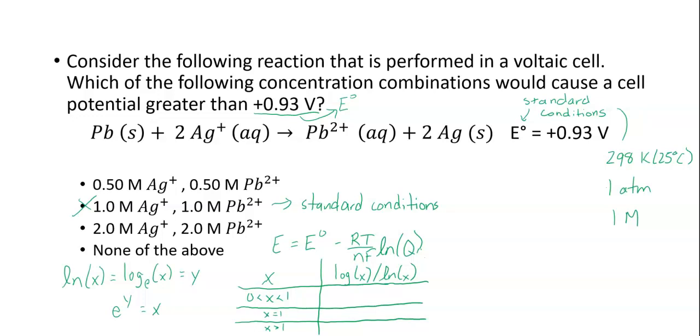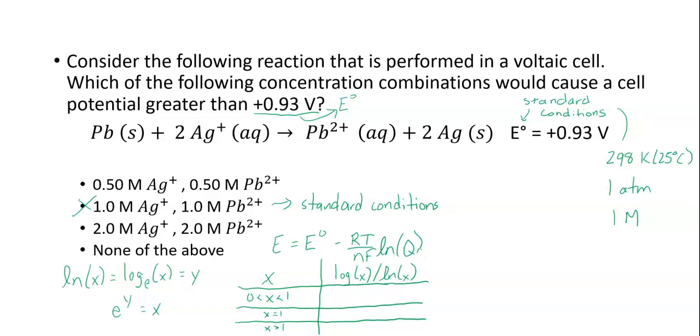Now let's consider if it's equal to 1, because this is probably the easiest one to think about. So if we're taking the log of 1, then we're asking ourselves e to what power, or 10 to what power, is equal to 1. Let's actually do it with 10, because you're a little more familiar with 10.